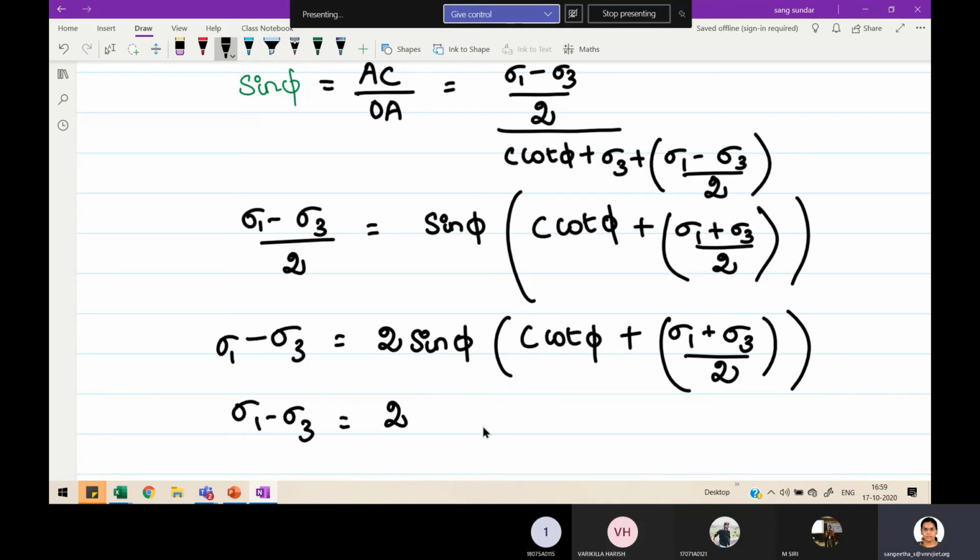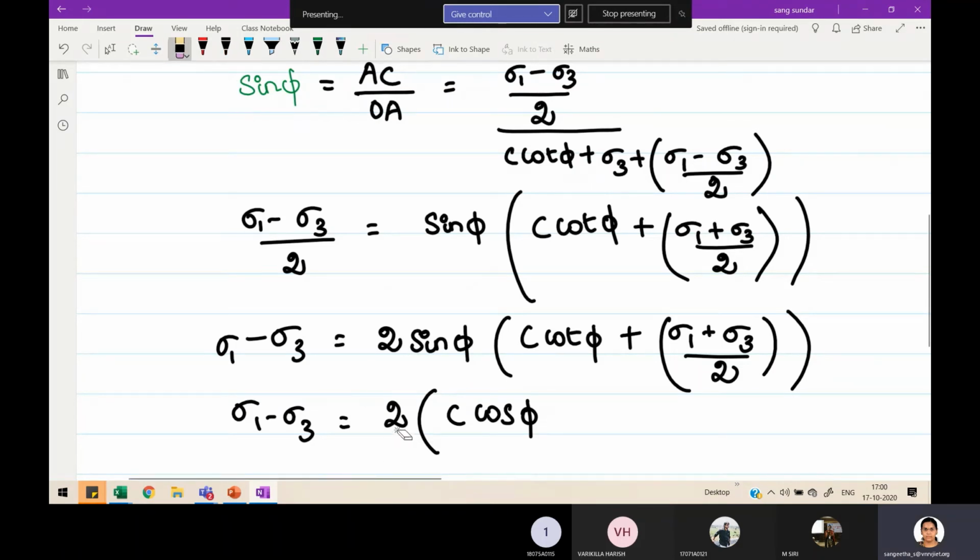What is cot phi equal to? Cos phi by sin phi. Tan theta is sin by cos, cot theta is cos by sin. So here sin is there, and in the denominator sin will be there, so C cos phi will remain, if I bring this inside.